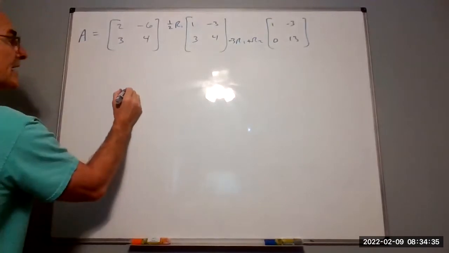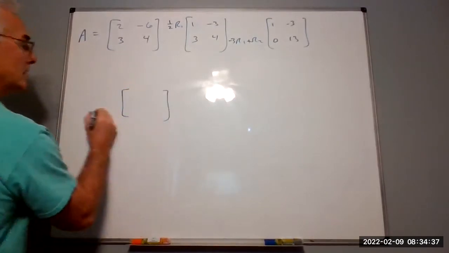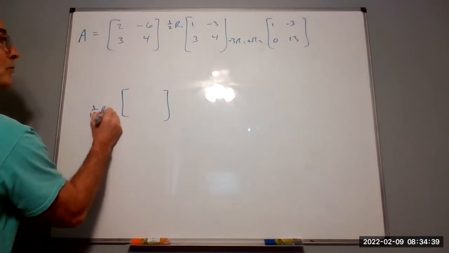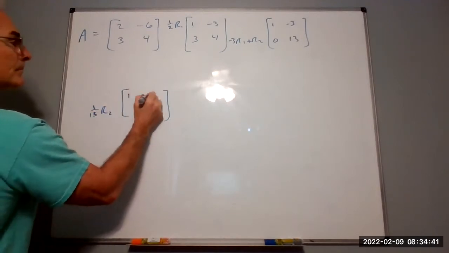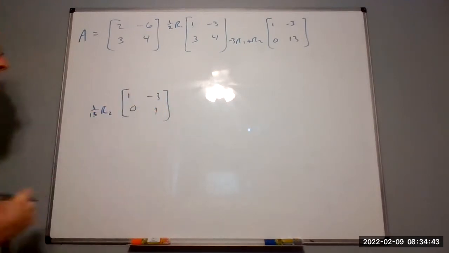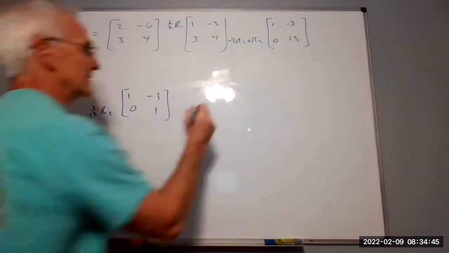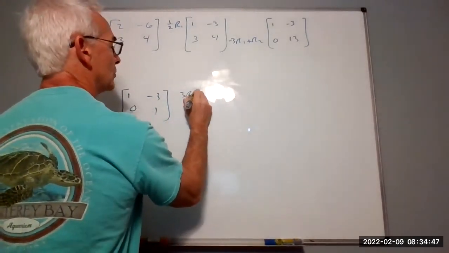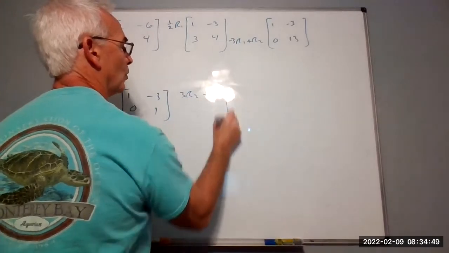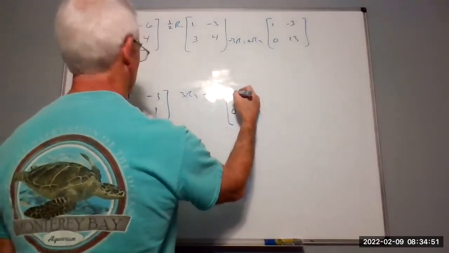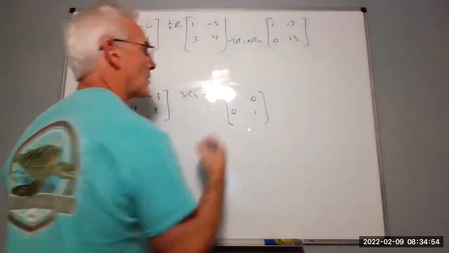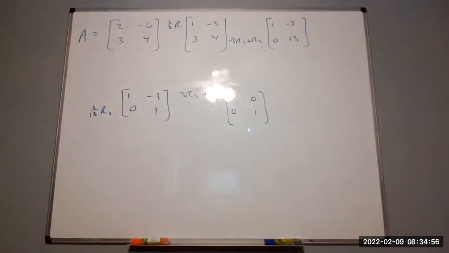Next, I'm going to take 1/13 of row 2. And then finally, I'm going to take 3 row 2s and add it to row 1. Okay, I did it. This took me exactly 4 row operations.